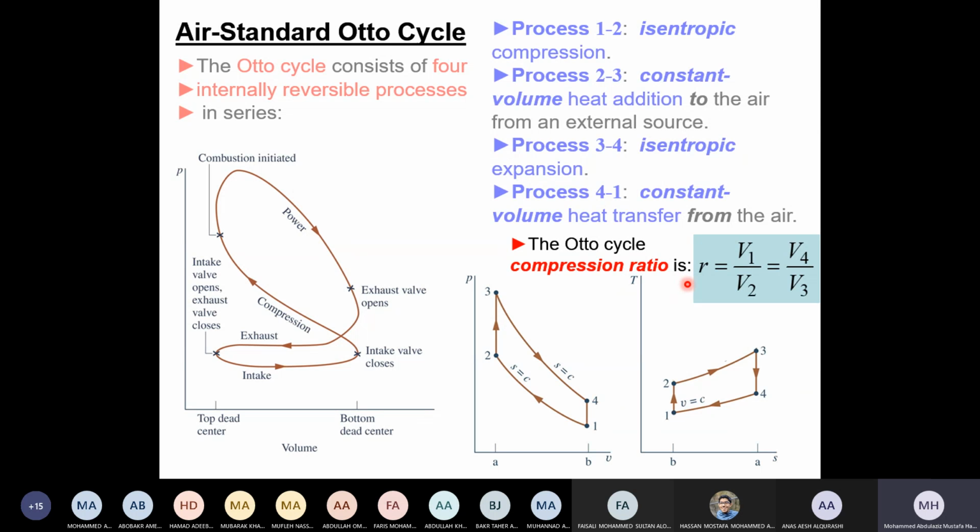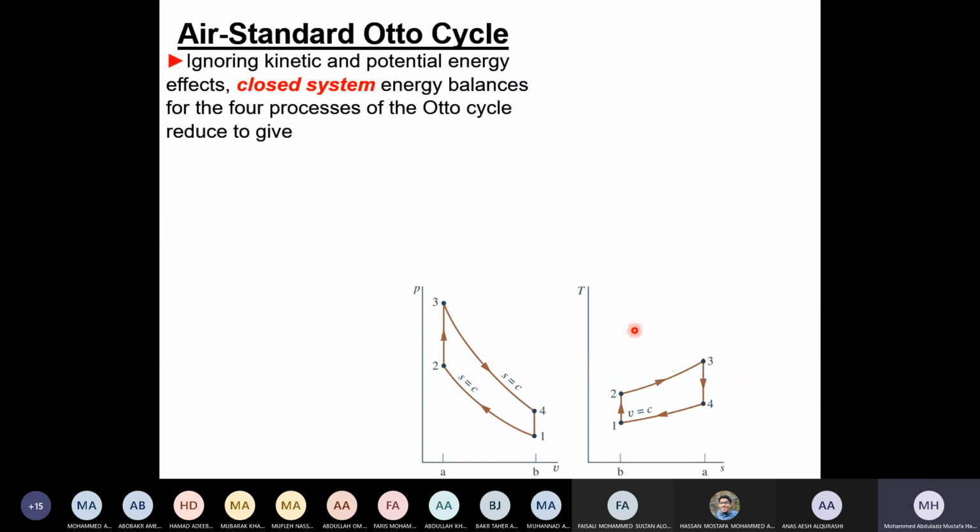So we can say that the compression ignition engine R is more than 14, as Faisal gave us, and for the spark ignition engine, about 10, as Hassan gave us. I'm sure that all of you agree to that. Okay. Remember this very important fact here. I wanted you to know that.